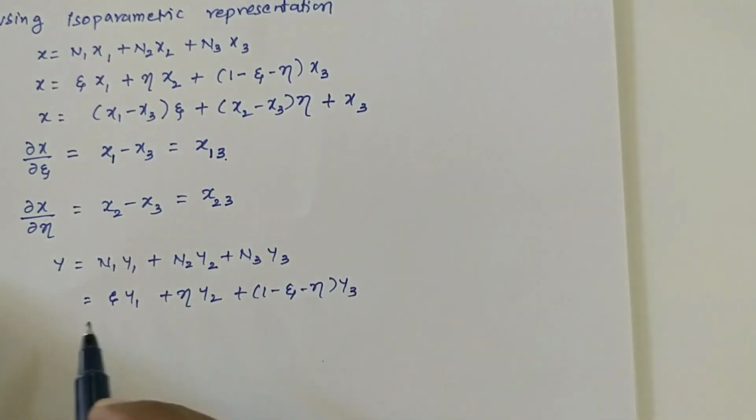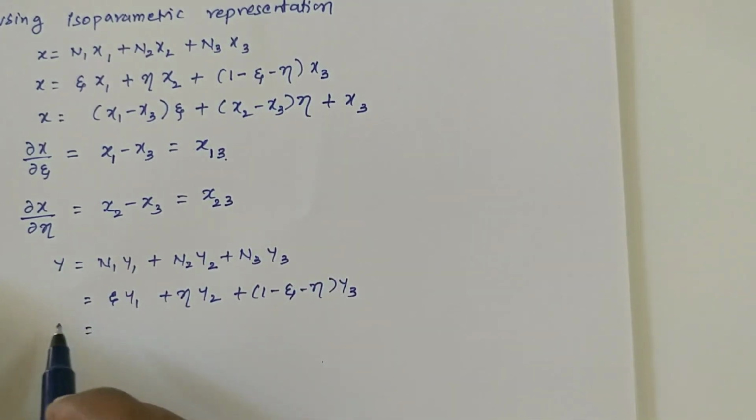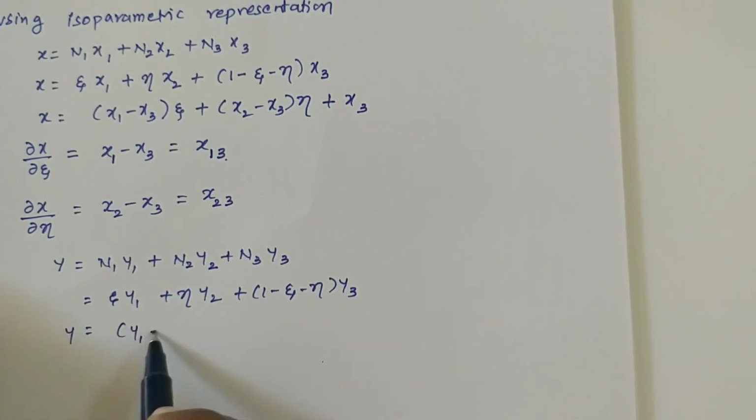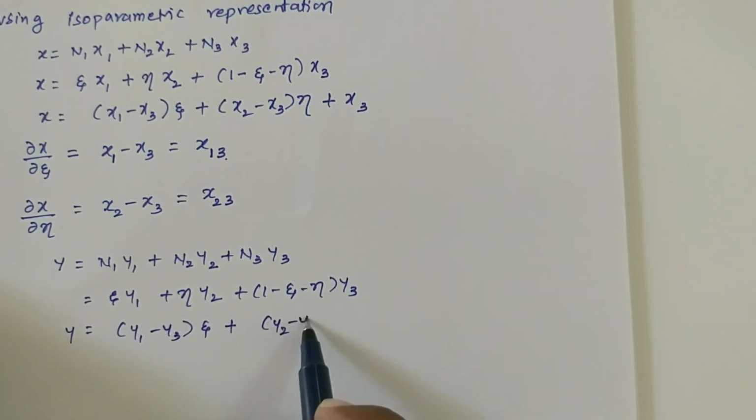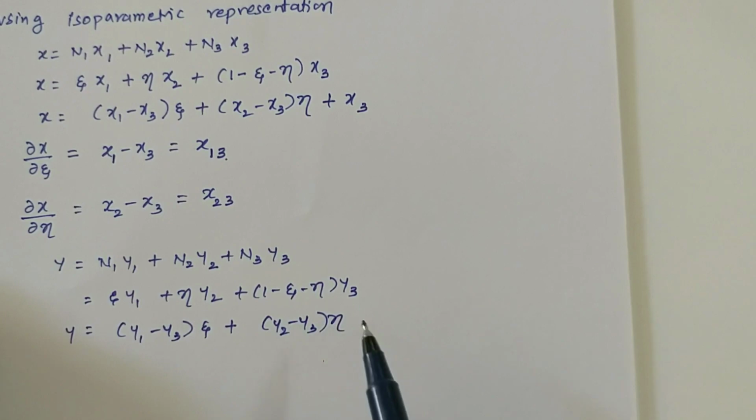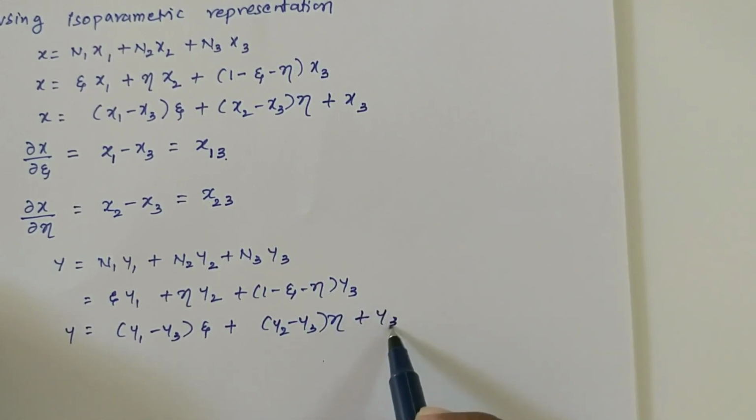So again, y can be written as y1 minus y3 into zeta plus y2 minus y3 into eta plus y3.